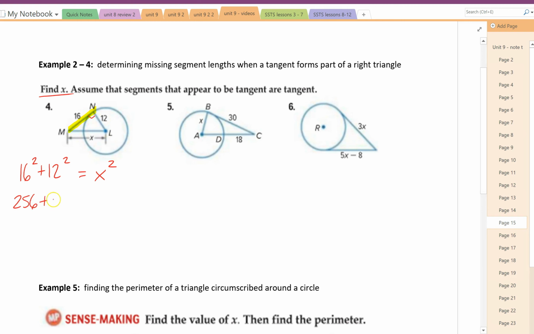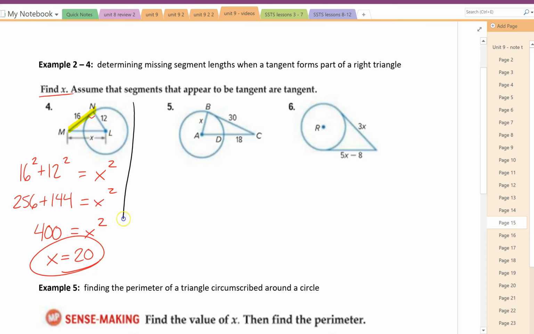And I happen to just know that 12 squared is 144. 256 and 144 would be 400. And then if I take the square root of both sides, x would come out to be the square root of 400, which is 20. So the hypotenuse of this triangle, in other words, the line going from M to L, would be 20. It would have to be 20 units long in this one.